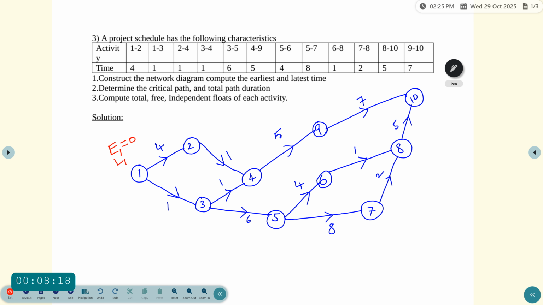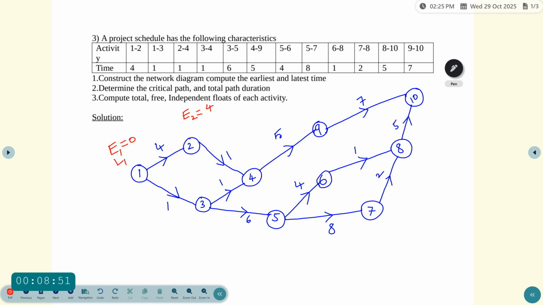So now first of all we have to find the earliest time. The first event is E1, then go to the second event, which is E2. The E2 value is obtained by adding the event 1 value, which is 0, and the duration. So 0 plus 4 is equal to 4. So E2 equals 4, which is the E1 value 0 plus the duration 4.